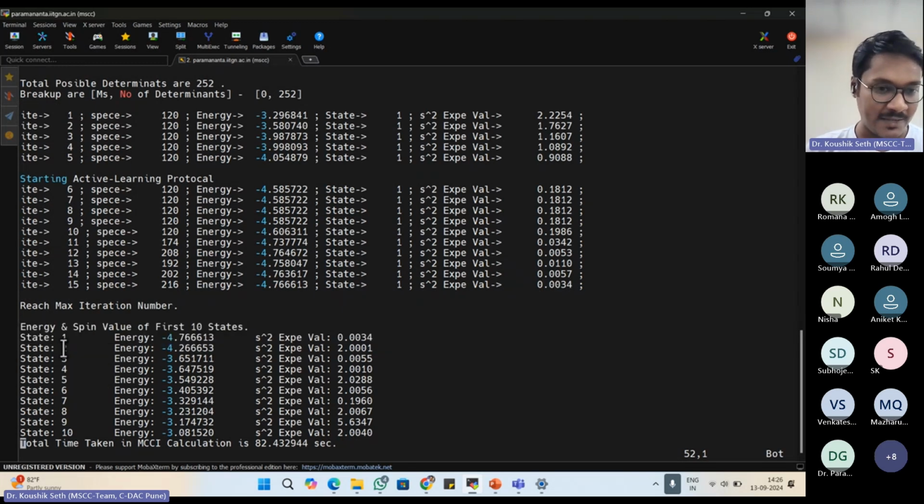So we have 10 spin states, 1 to 10. There is an energy value corresponding to each state, and we also have the spin expectation value. The first state can be called the singlet, the second state the triplet, and so on. From the difference in energy, we can also get an idea of the singlet-triplet energy gap of this molecule. So this is the main output.